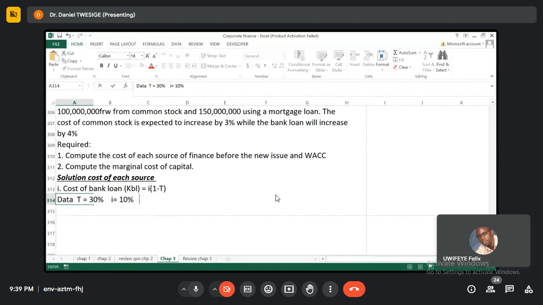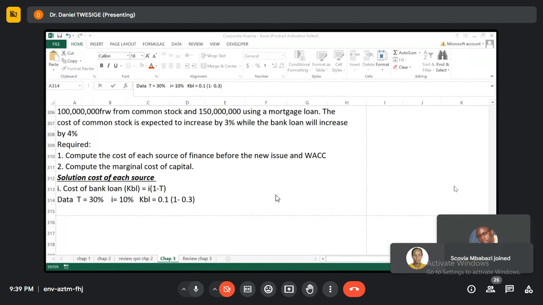So in this case, our cost of the bank loan will be, if I substitute in my formula, 0.1 times (1 minus 0.3). Make your calculator very fast.